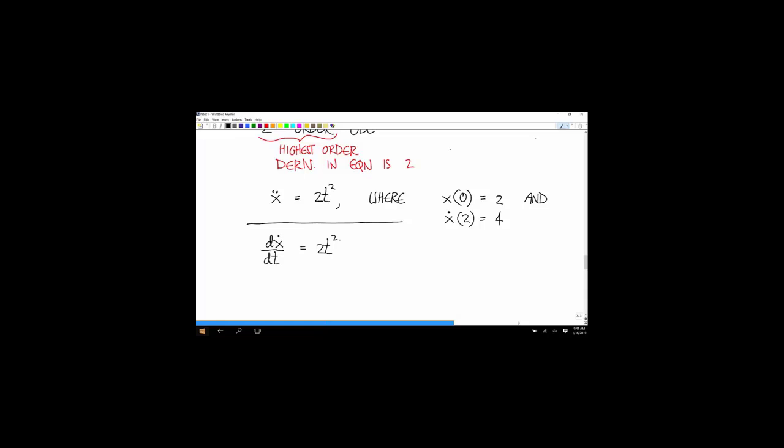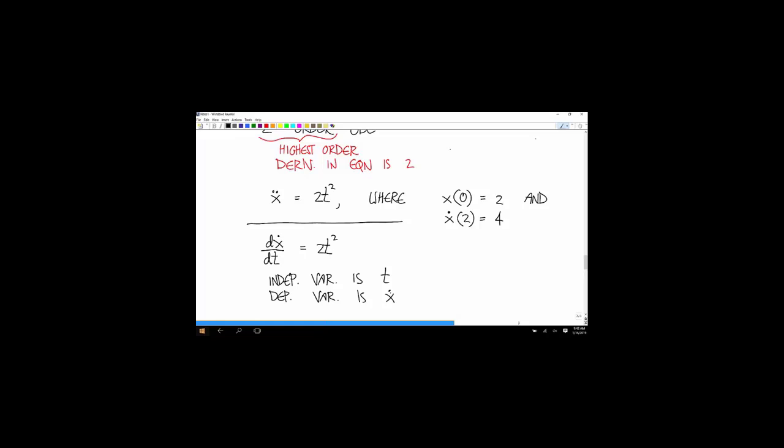Now my variables for this step are, the independent variable is t. The dependent variable is x dot. We have this written in the form that we need for separation of variables.